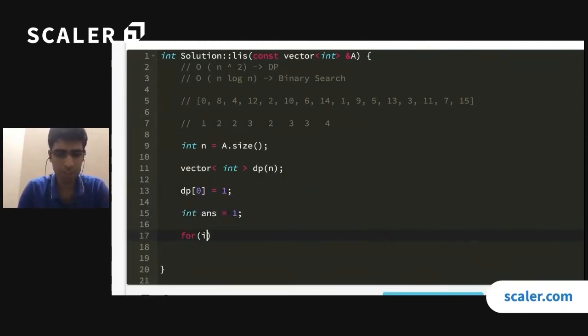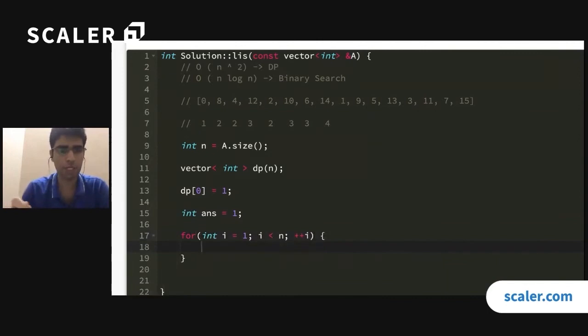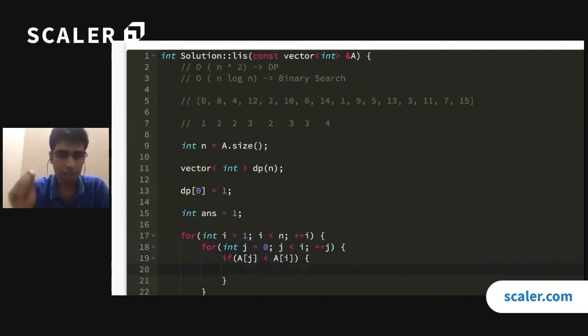Then I say for int i equals 1, i less than n, i plus plus. Now I try to find all those DP states in which the last number was less than the current number. So I will say for int j equals 0, j less than i, j plus plus. If array[j] was less than array[i], that means the increasing subsequence at that number ended with something lesser than the current element.